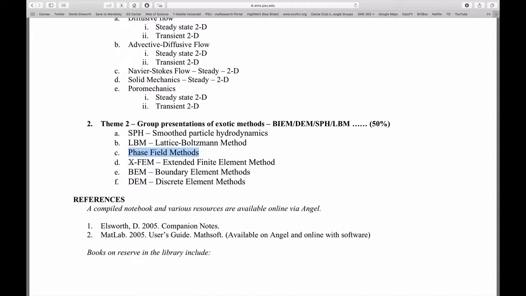The extended finite element method is a way of including fractures, for example fluid-driven hydraulic fractures, into finite element methods. Boundary element methods, as you'll see from the other notes, are ways of solving continuum problems where, instead of discretizing throughout the volume of your system, you only put elements on the outside boundary.